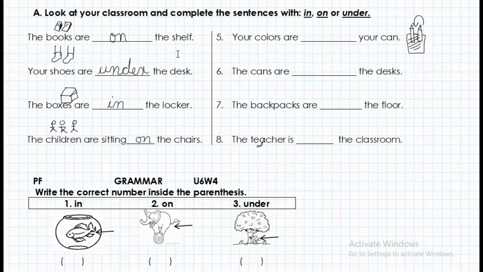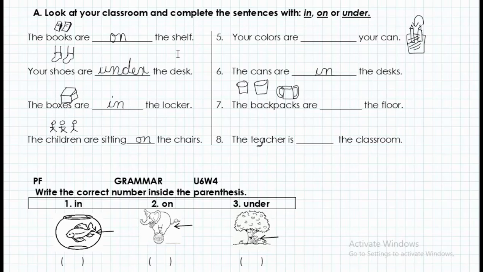Okay, let's move on to the number 6. The cans are in our desk, okay? Because we keep our cans in the drawer that is in our desk, okay? So let's continue with the next one. The backpacks are, okay, do you remember what a backpack is?